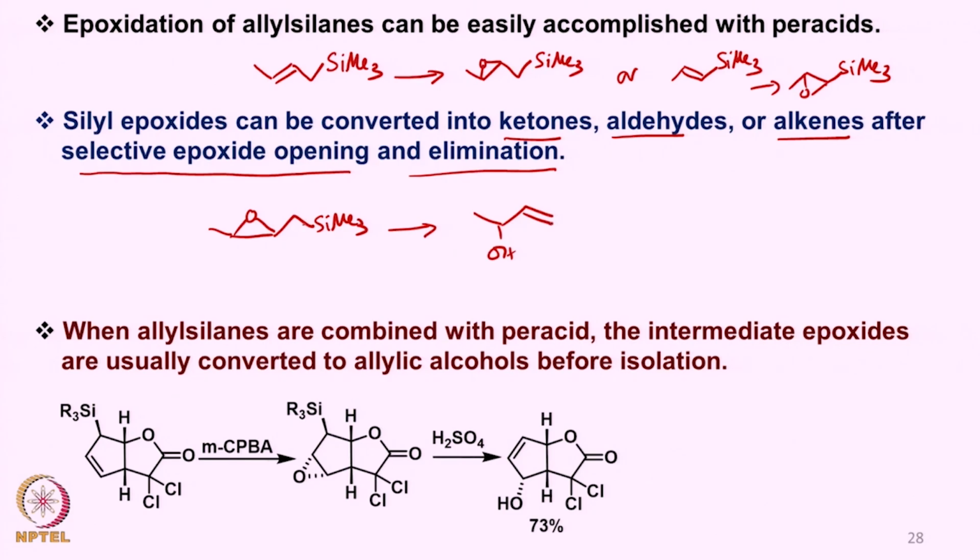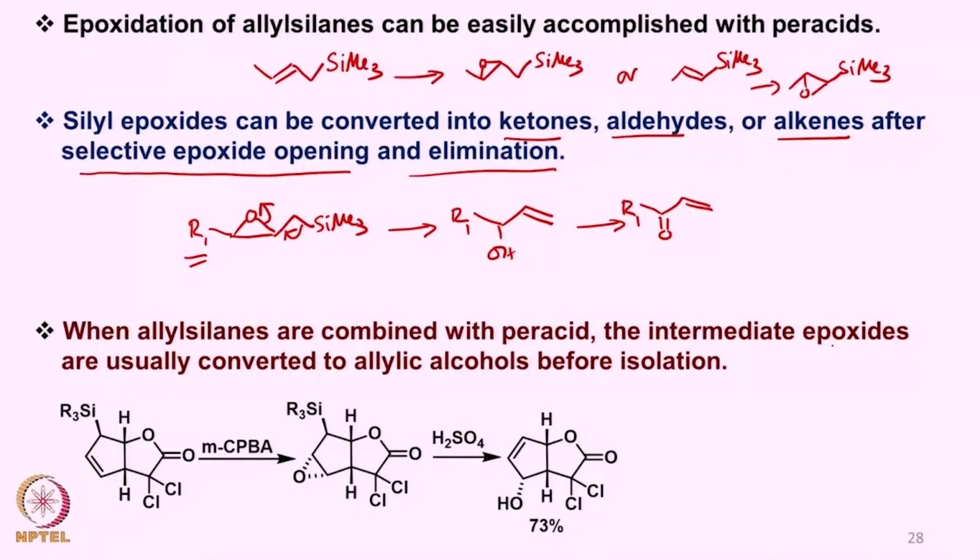So suppose this is how it opens, then you can get the allyl alcohol, and this can be converted to the ketone or aldehyde depending on what the substituent is here. So if it is R1, then of course we get a ketone. If it is a proton, then of course we get the aldehyde. So there are different ways by which the reaction can be triggered or directed.